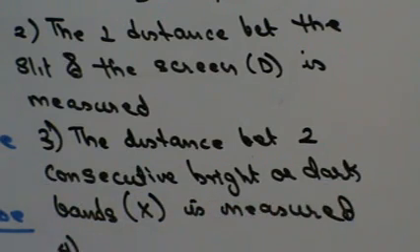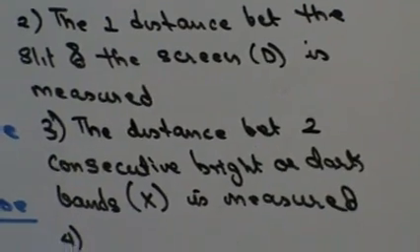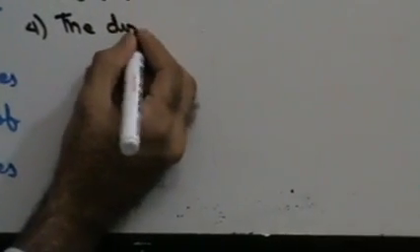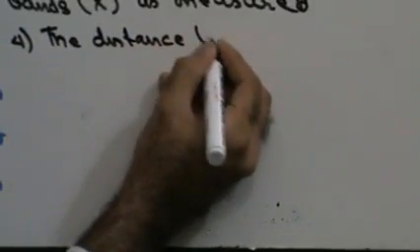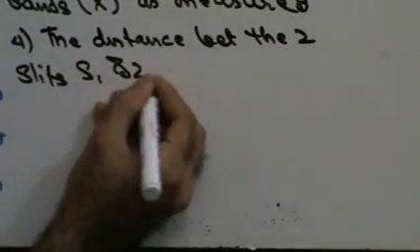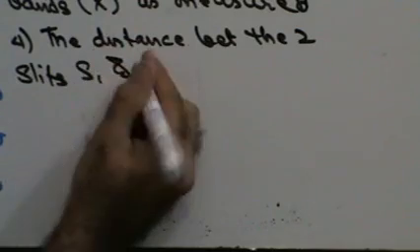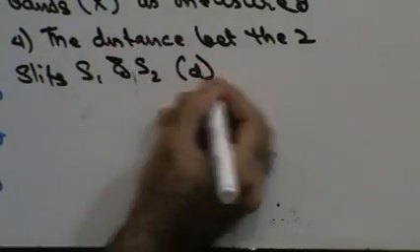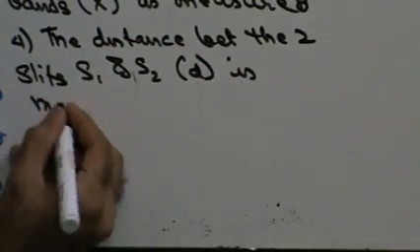And last, the distance between the two slits S1 and S2, which is small d, is measured.